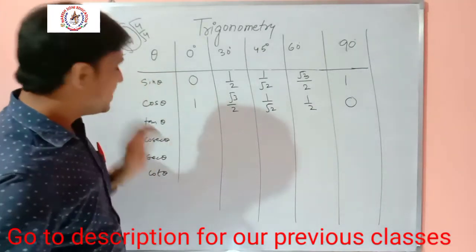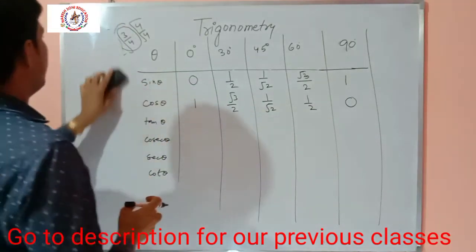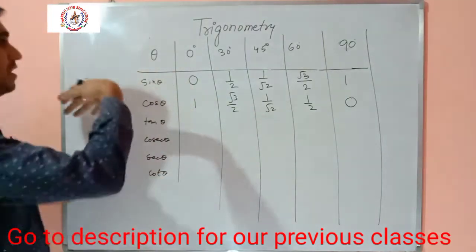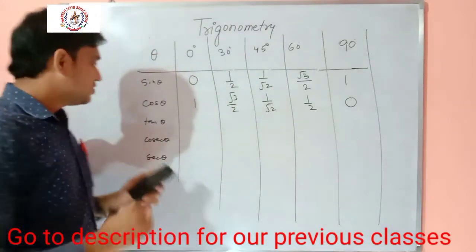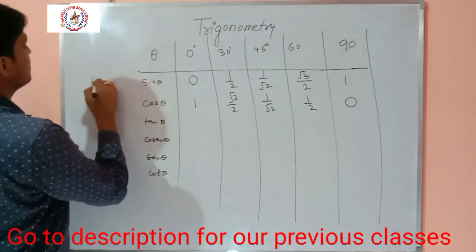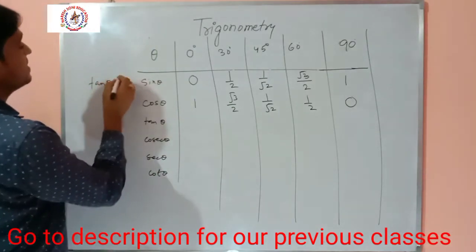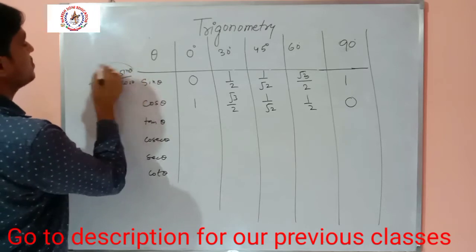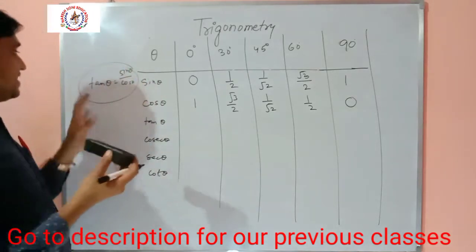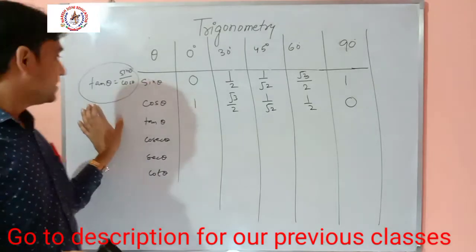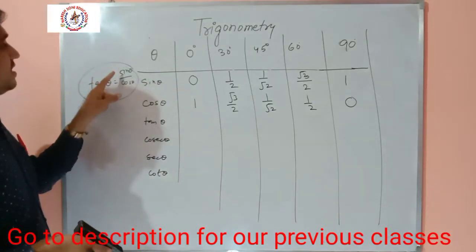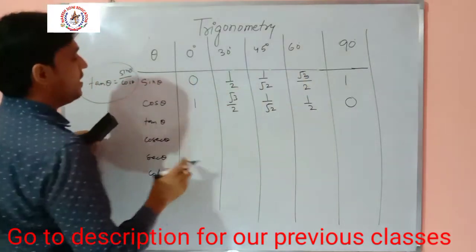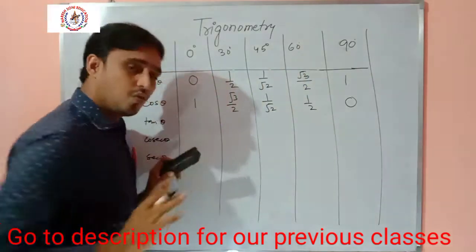Okay? Now tan theta. There is another identity about that I'll tell you after this. So tan theta is sine theta upon cos theta. Understood? This is a trigonometric identity, right? Tan theta is equal to sine theta upon cos theta. So the value of sine theta will be divided by the value of cos theta.